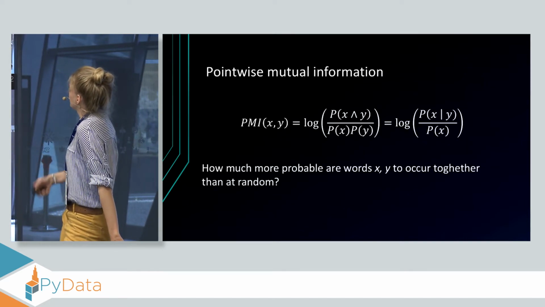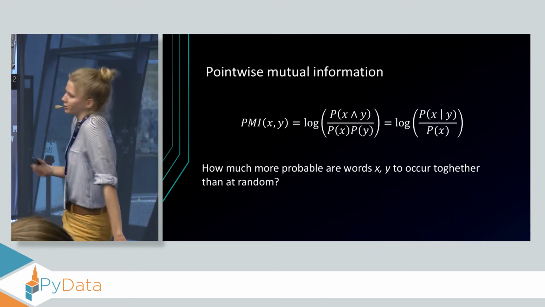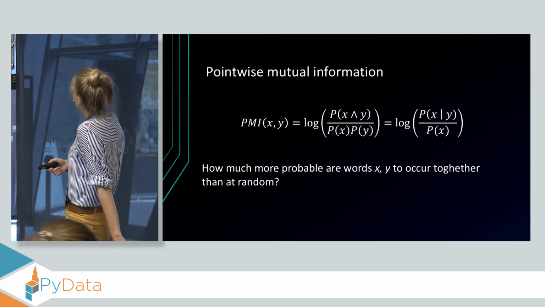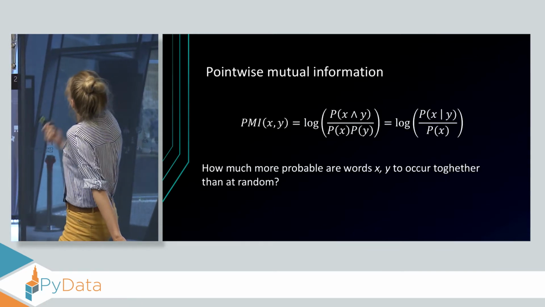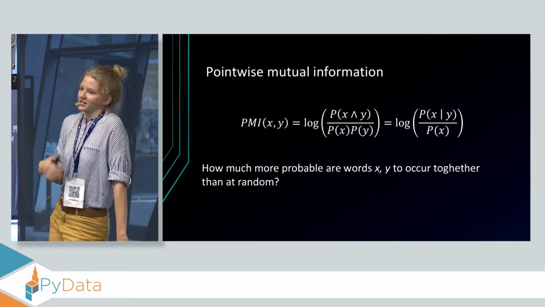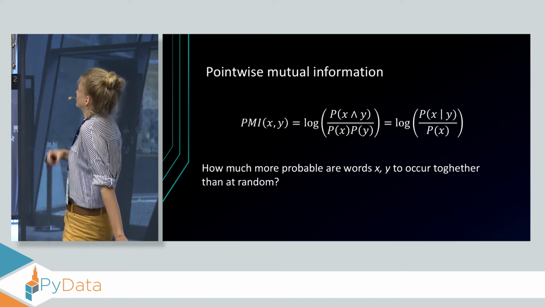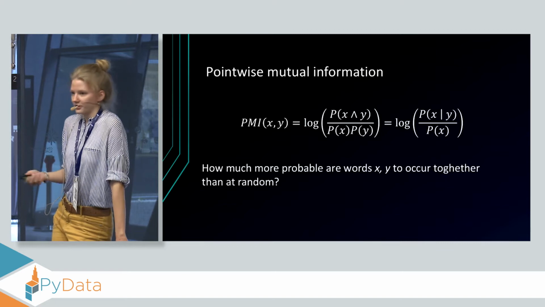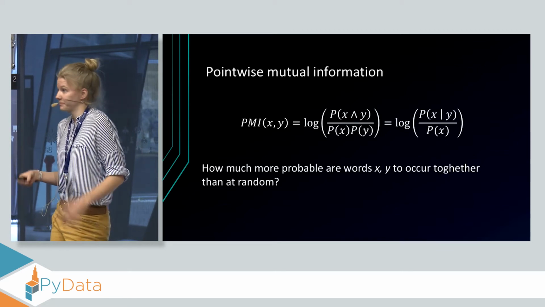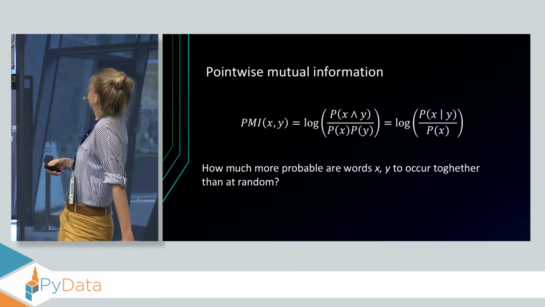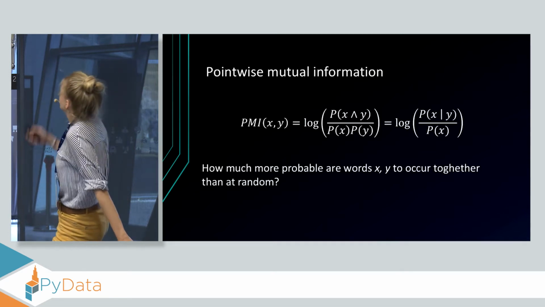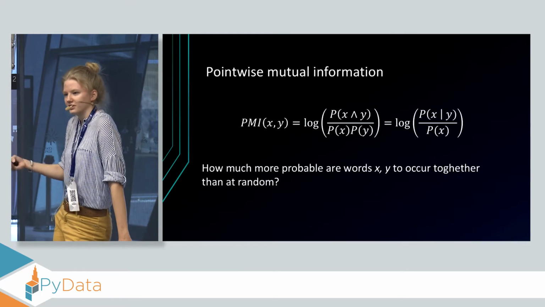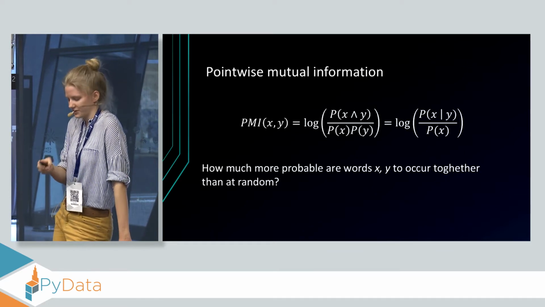So what we do is we introduce something like pointwise mutual information, which basically tells us how much more probable two words are to occur together than if they were randomly occurring. That's how much the appearance of one word tells us about the probability of appearance of the second word.